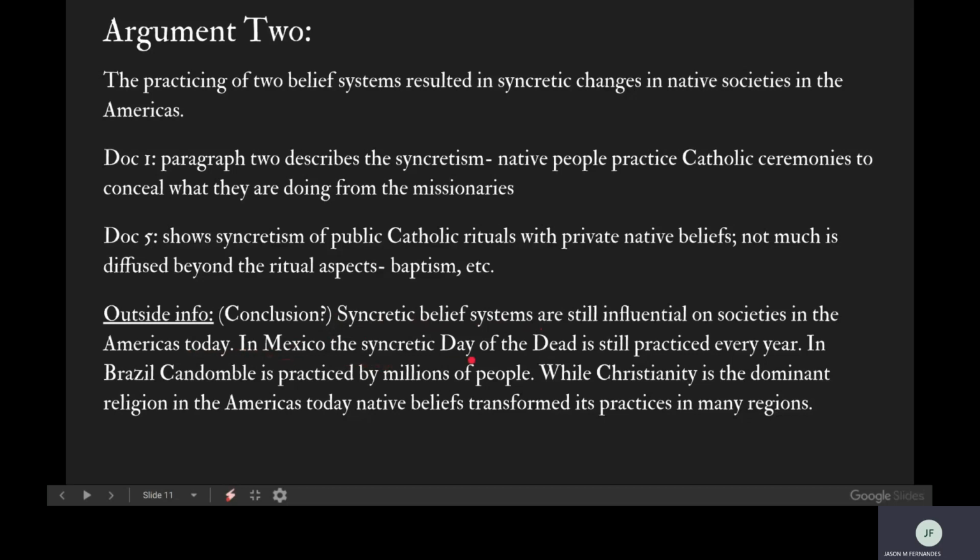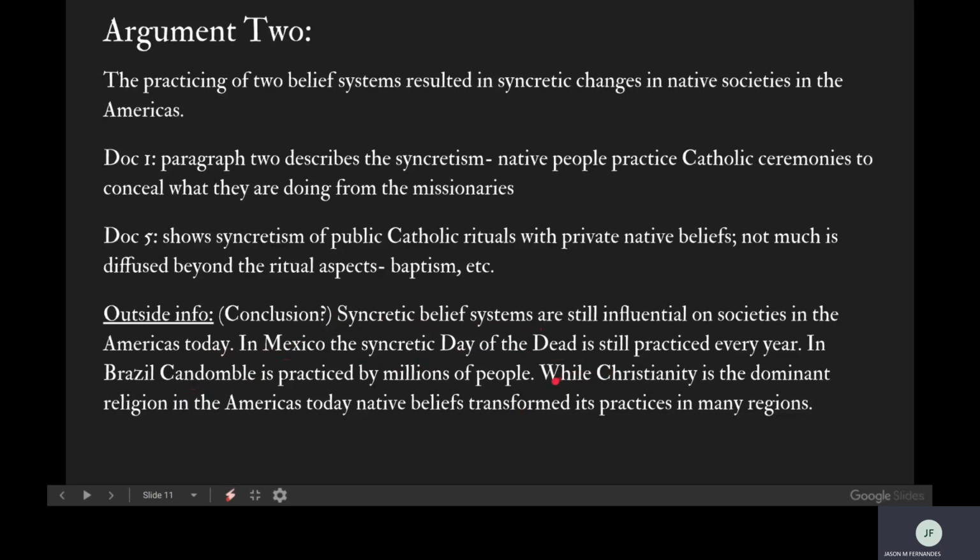In Mexico, we looked at the Day of the Dead as a syncretic belief system that's still ongoing, and even in the U.S. too. In Brazil, we looked at candomblé, which is still practiced by millions of people, that syncretic African, indigenous, Catholic belief system. So we've taken this from 1500 to 1800 and pulled it across history to these things that have still continued to this day.